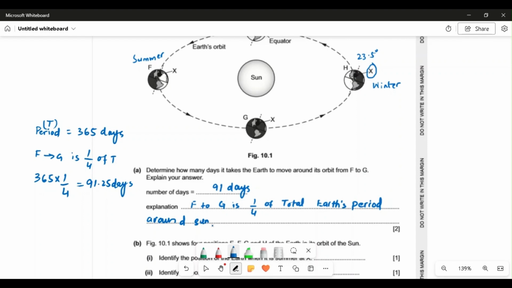So we divide the total period T by 4. So we get this answer.